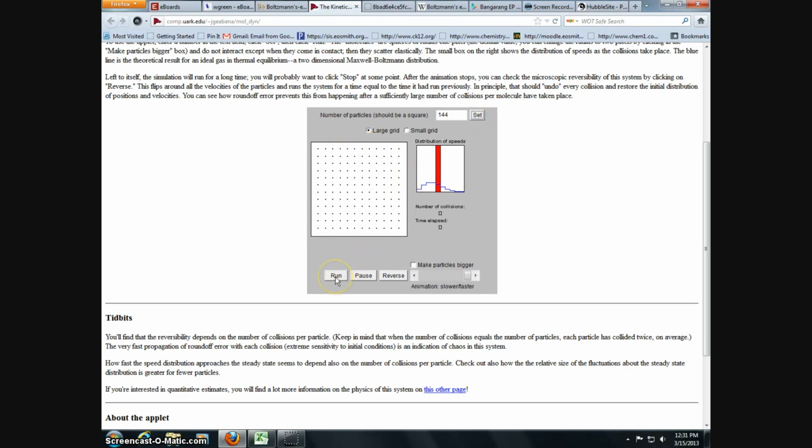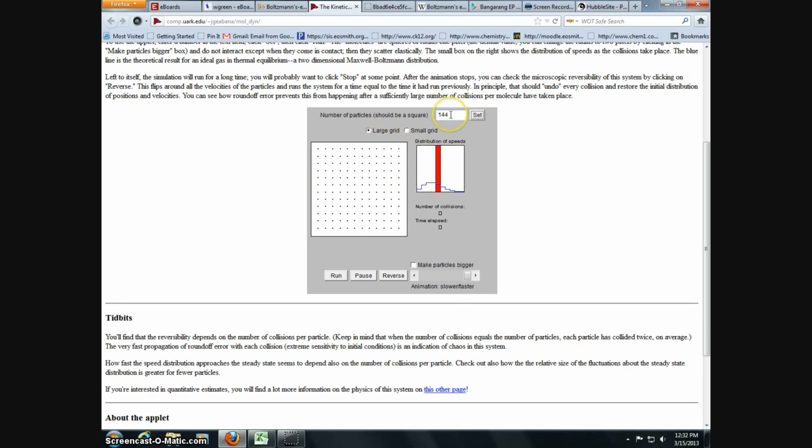Now watch what happens to the orderliness of the system as I click run. It breaks down, and this is a much more disordered system. So you can look at it spatially too. How many ways can I arrange these particles and still have a picture that basically looks like this? Now, in contrast, how many ways can I arrange them and have a picture that looks like this?